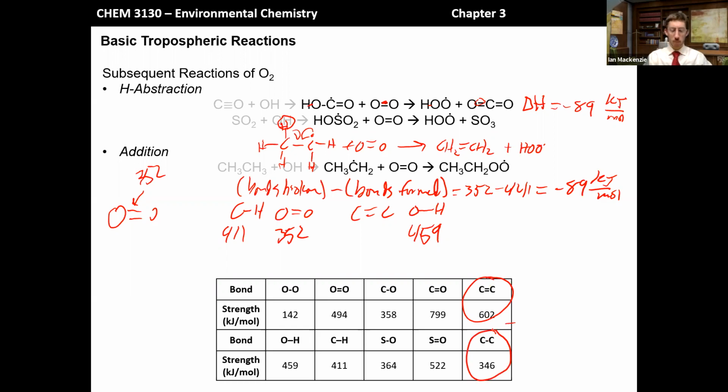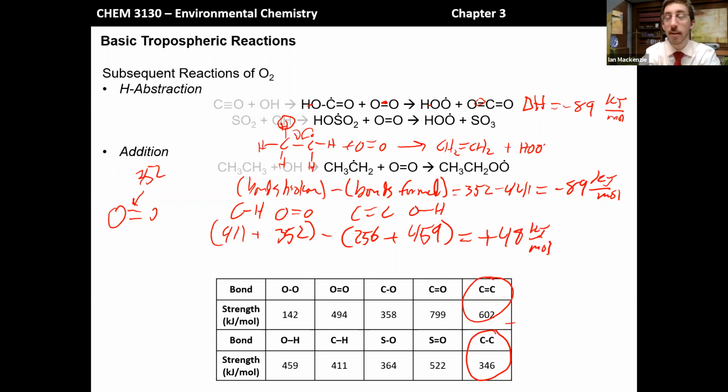So 602 minus 346, that looks like that's only 256 kilojoules per mole. So then I just take these values, subtract the bonds formed from the bonds broken, and I get 411 plus 352 minus 256 minus 459, and I come out with that this reaction is actually endothermic by 48 kilojoules per mole.